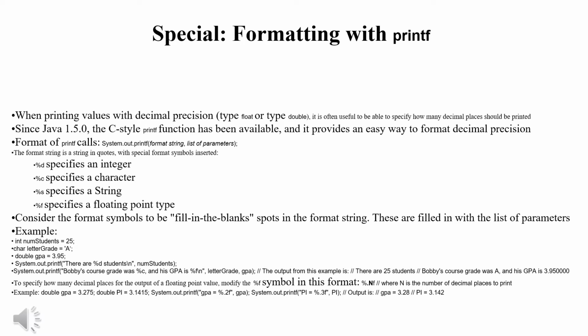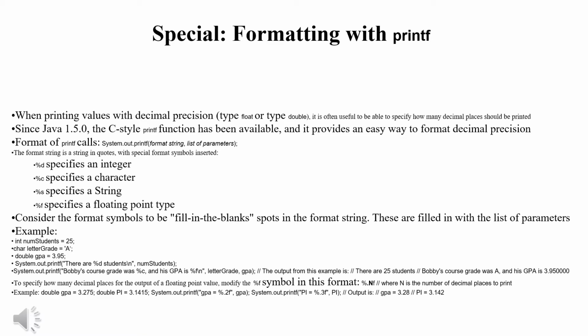So here we can see some simple examples. For example, we have integer number of students be 25, char letter grade be A, double GPA be 3.95. These are three variables, right?